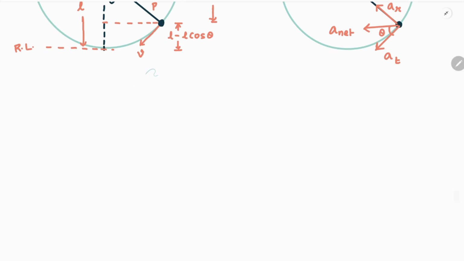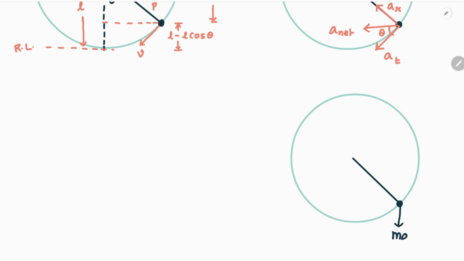So at any point P, we can consider that this mass m is exerting its weight in the downward direction, and if it is making an angle theta with the vertical, then over here we will have one component as mg cos theta and the other component as mg sin theta.